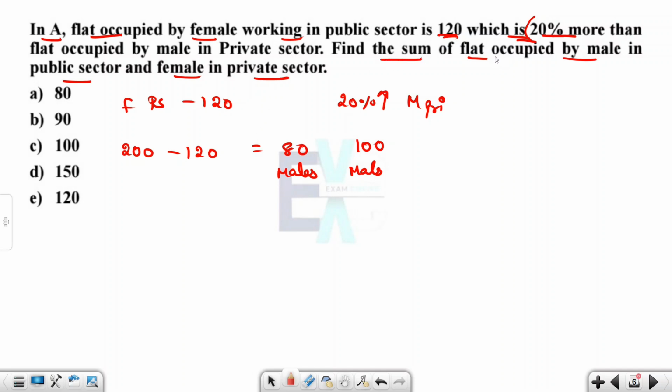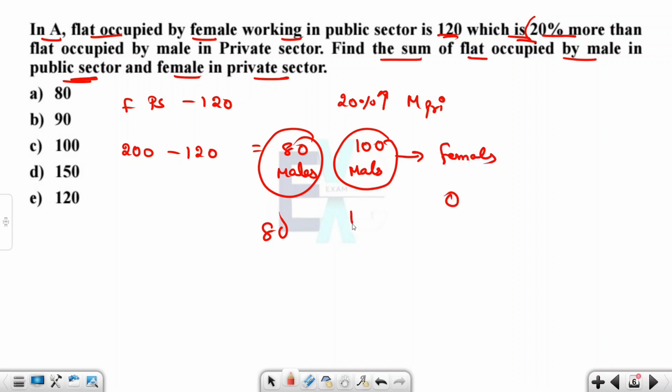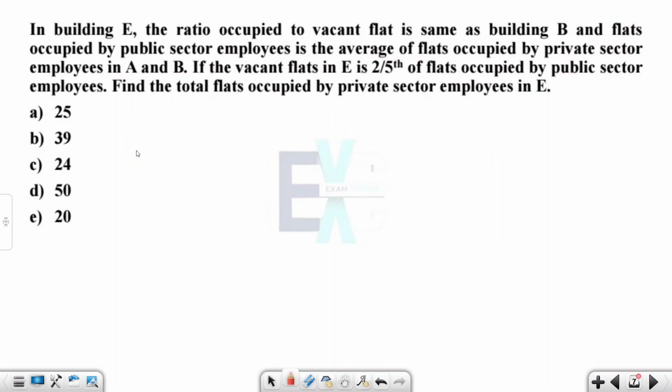Find the sum of flats occupied by males in public sector and females in private sector. See, so only 100 members in total, that means females in private sector how much? 0. So what is 80 plus 0? 80. Okay, next. In building E, the ratio of occupied to vacant flats is the same as that of building B.